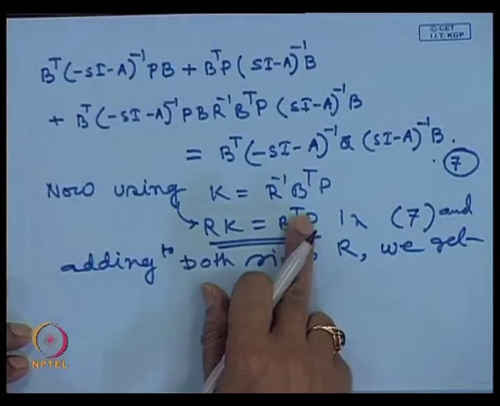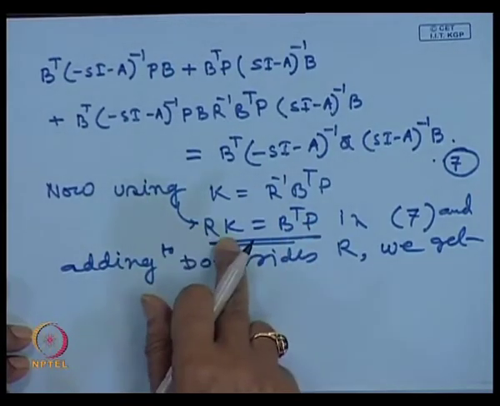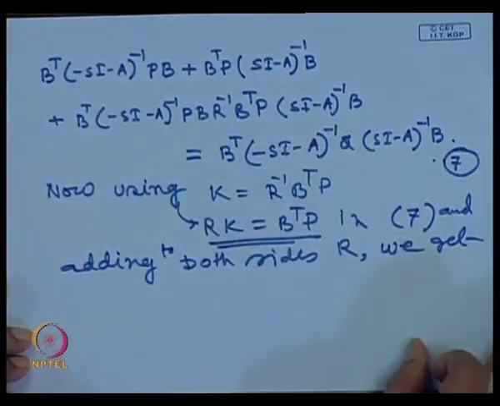Whenever I get B transpose P, I will use R K, or for P B I will write K transpose R transpose, since R is a symmetric matrix, it is R only.